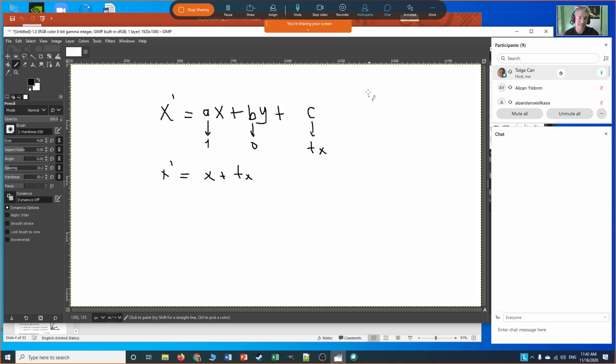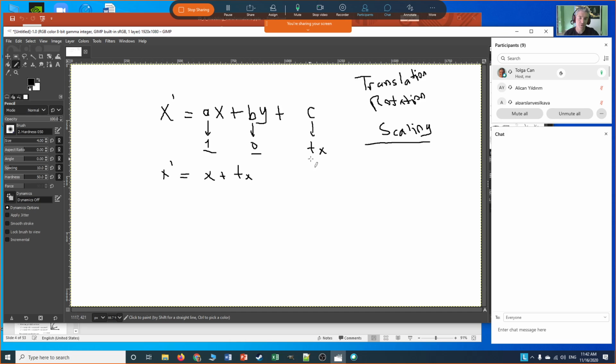The interesting thing is that translation, rotation, and scaling, the basic transformations that we are going to perform, all three of them can be written as linear transformations. That will be these coefficients.